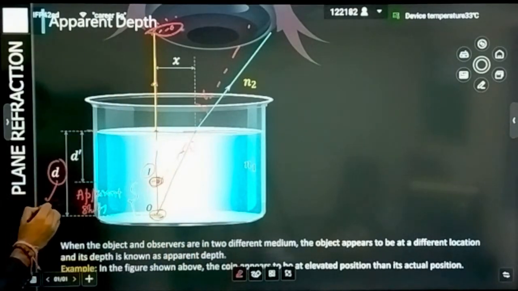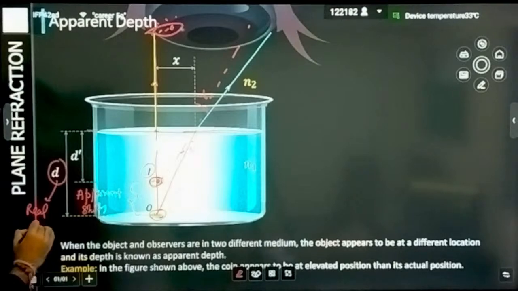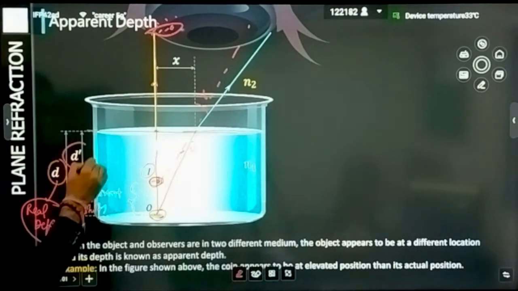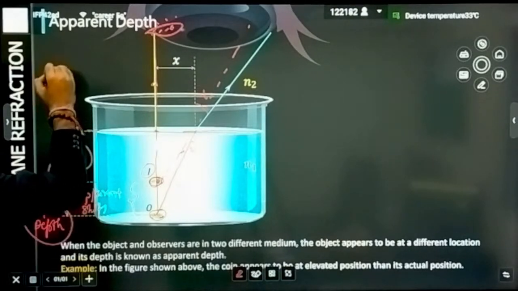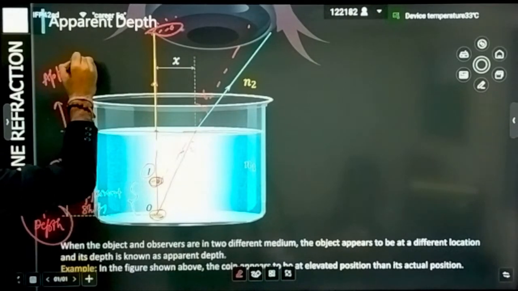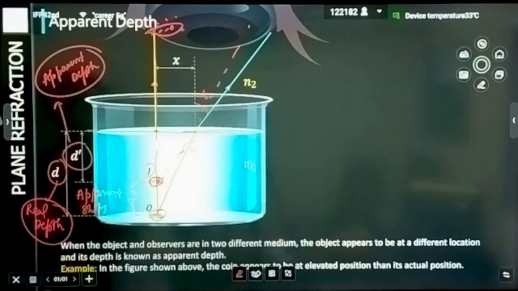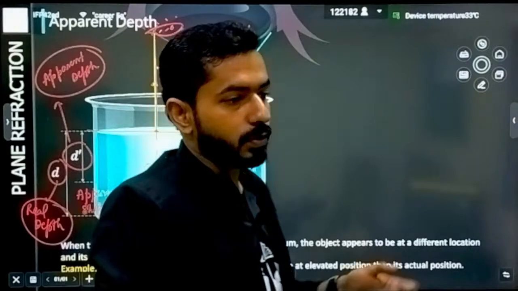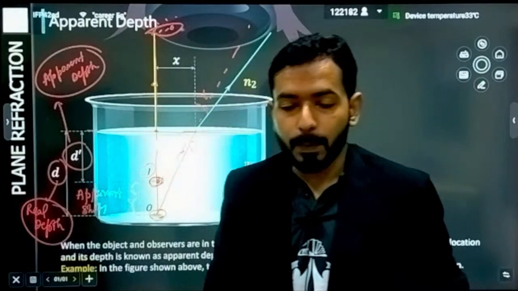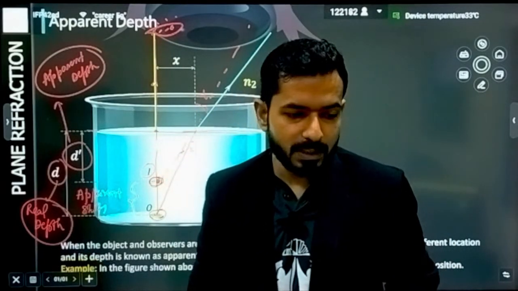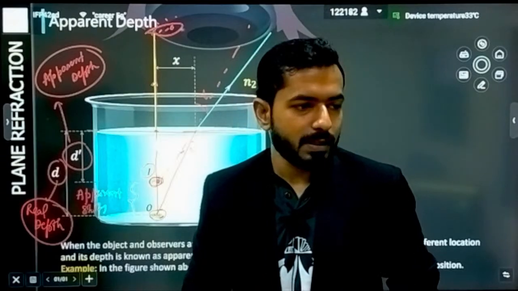This d dash is called the apparent depth. That means not the actual depth, but what it appears to be, because the image is forming closer to the surface.